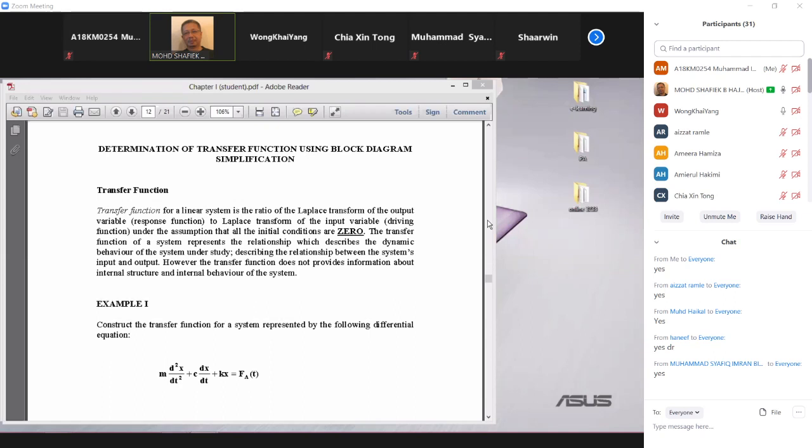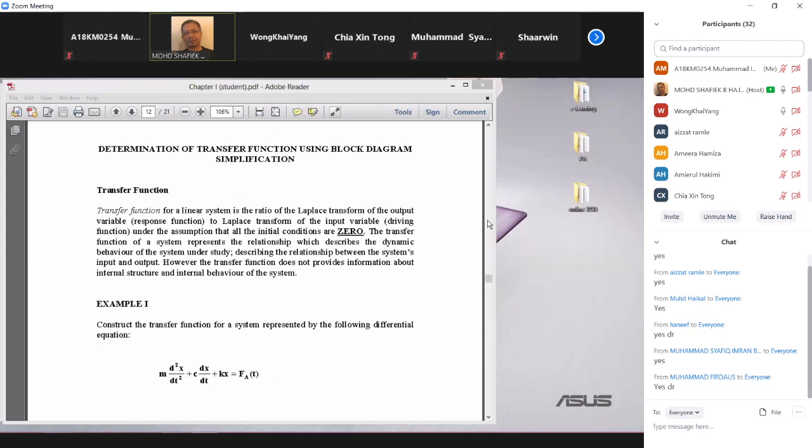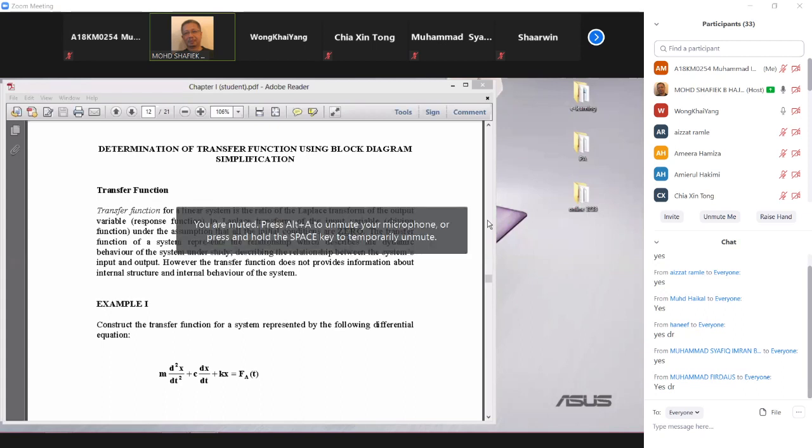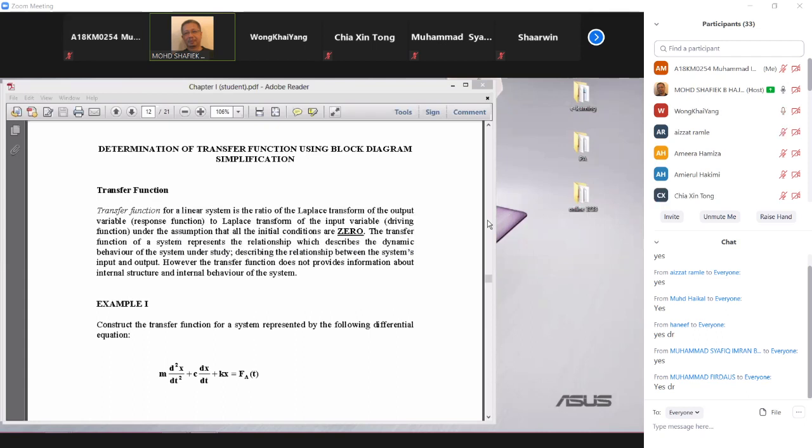Okay, so it is unfortunate that UTM now, as you have already known, is in the red area of COVID-19, so everybody has to work from home. I'm working from home right now, so I don't have access to my magic whiteboard.